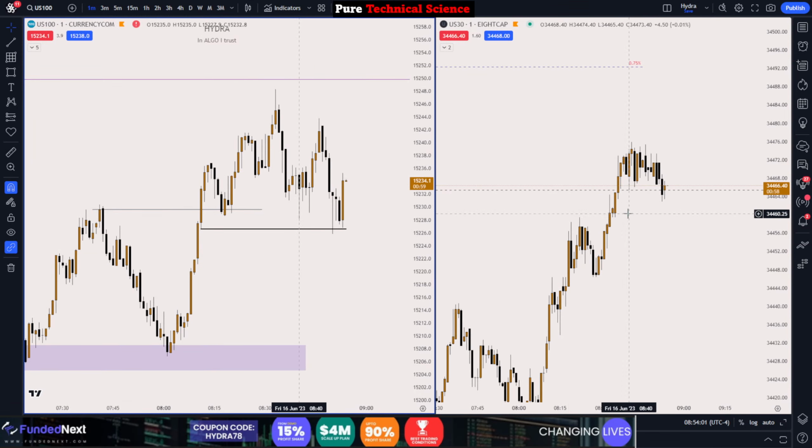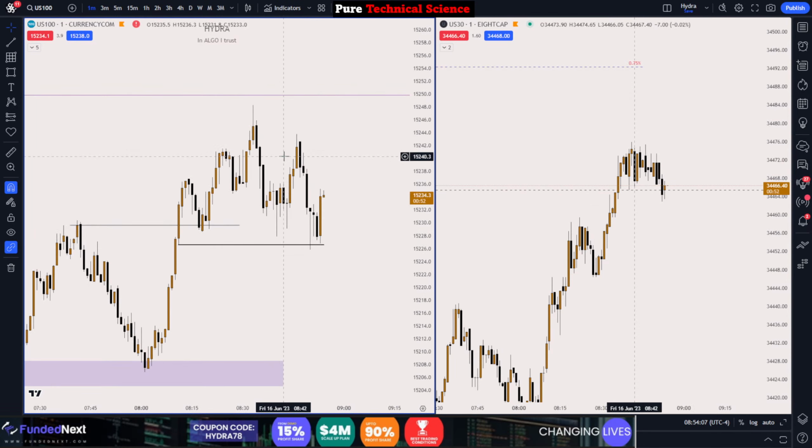That's why I mark it as a dead zone, a no trading zone. In between this time price will just consolidate, choppy, like this here.